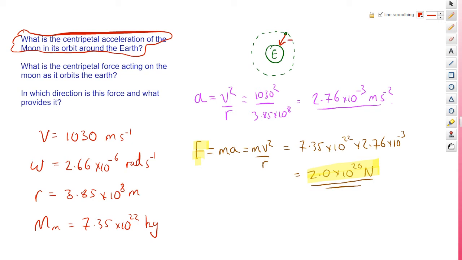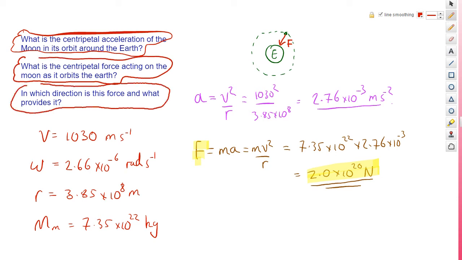We've already decided that that force must be pointing towards the Earth. So we've answered this question, and we know the direction is towards the centre of the Earth. What provides it? Well, we know that, don't we? It's gravity pulling the moon towards the Earth.